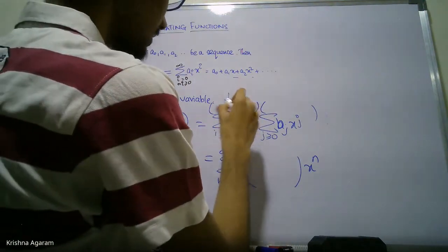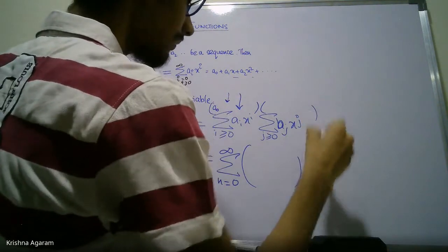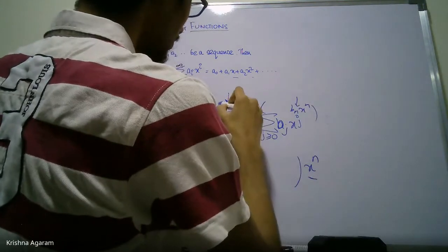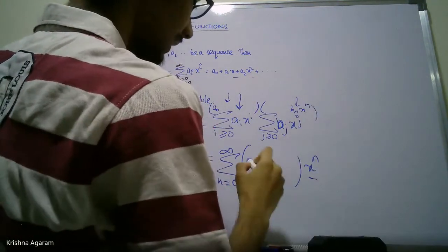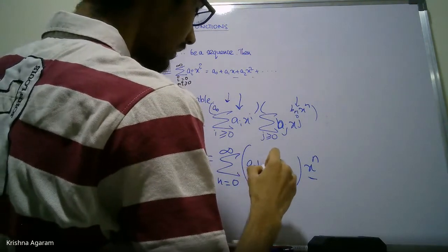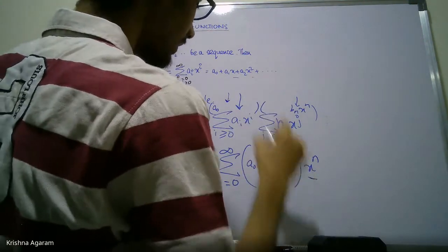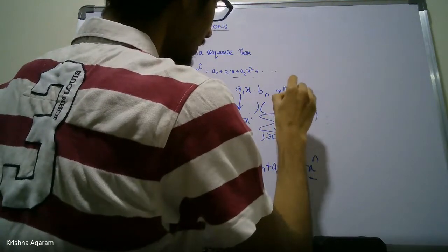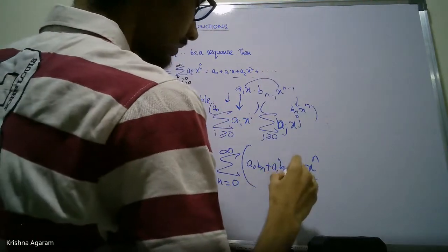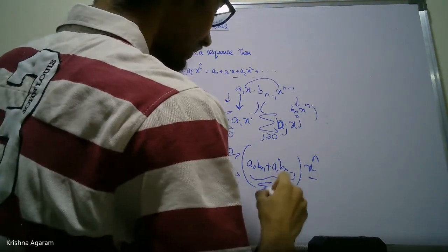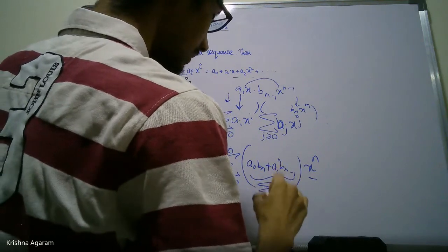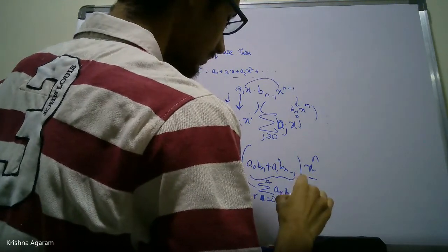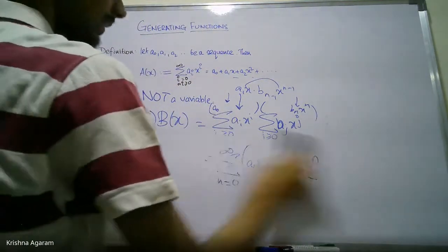So you could take the constant term here, which is just a naught, and then for getting that total of n, you'll have to take this term here. So when you multiply, you get a naught bn x to the n. So this is a naught bn, and suppose you take one from here, so that would be the a1 x term times the bn minus 1 x to the n minus 1, so that it totals to n, and so on. So this you can more succinctly write as the sum from r equals 0 to n of ar bn minus r. So let me just rewrite that.